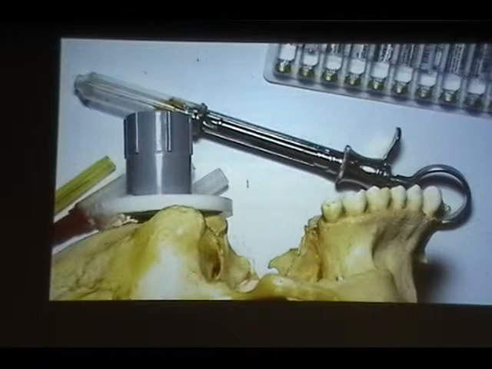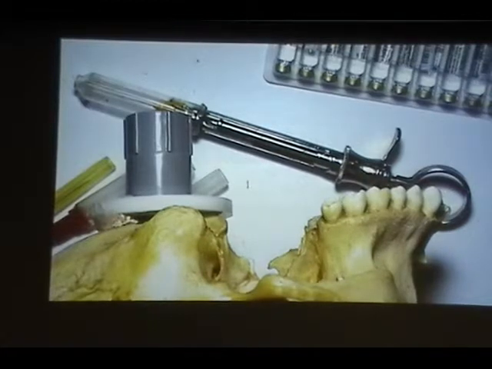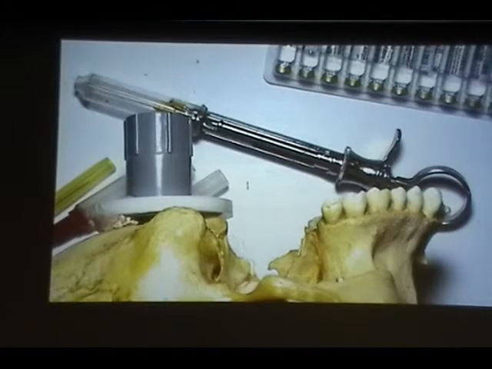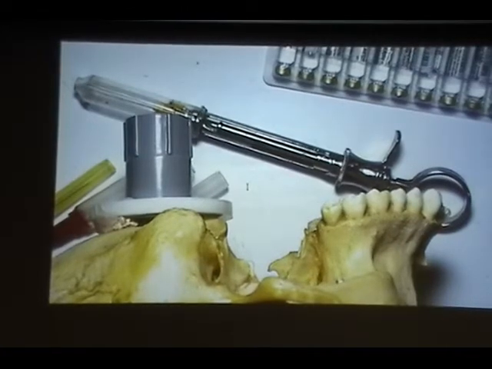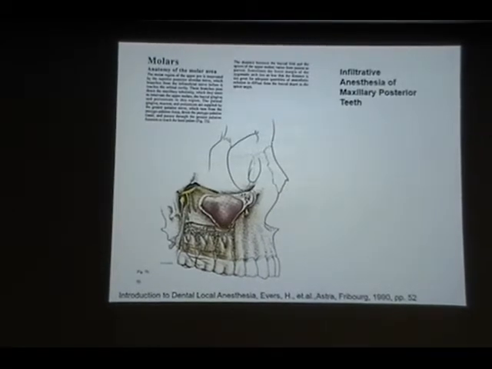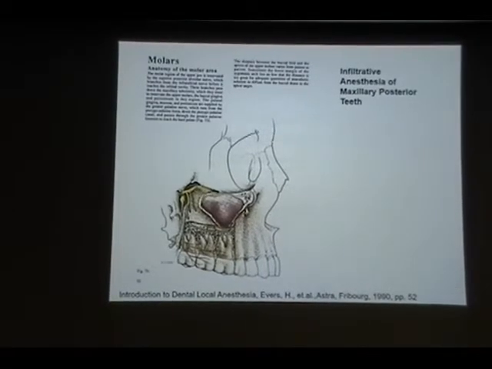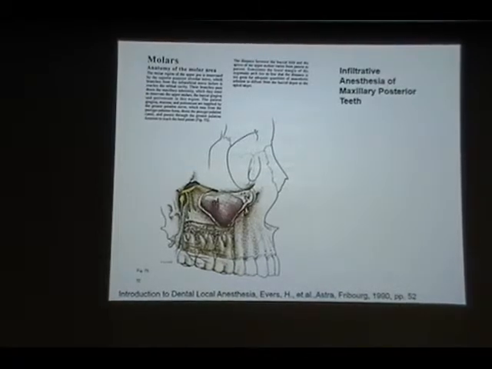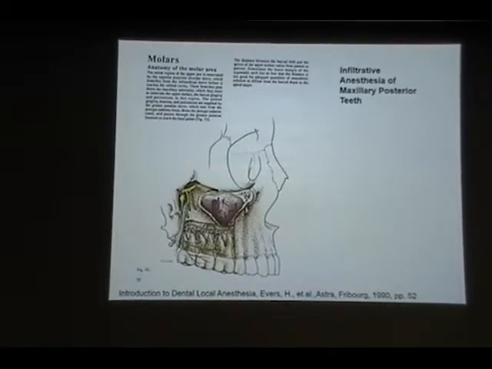So molars are a little bit of an issue because we have to get that local anesthetic kind of past the zygoma. Here's our zygoma here. Here's our zygoma over here. Okay? And this is a cut through the maxillary sinus over here.